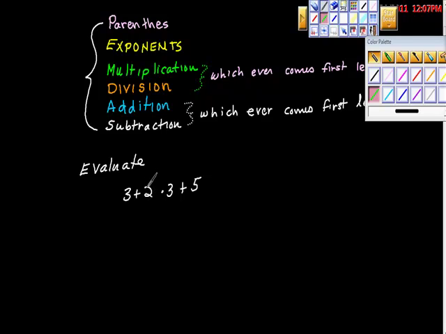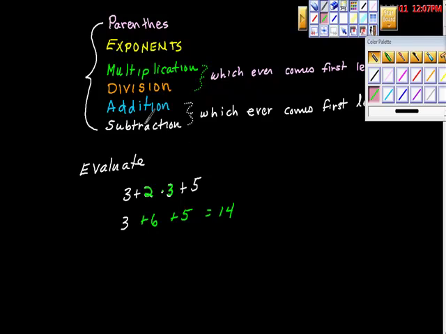So I'm going to do my multiplication first. This 3 is this 3. 2 times 3 is 6, positive 6. So here's that positive 6, plus 5. And from here, all there is left is addition, so we can't screw this up. 3 plus 6 is 9, plus 4 is 14.